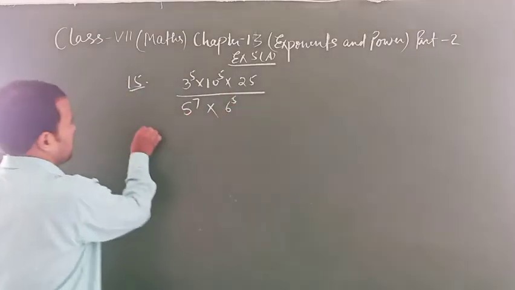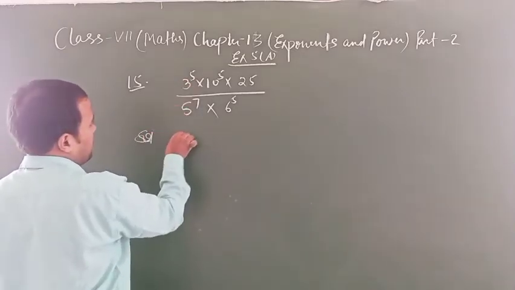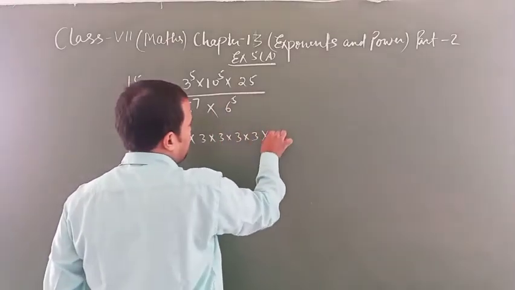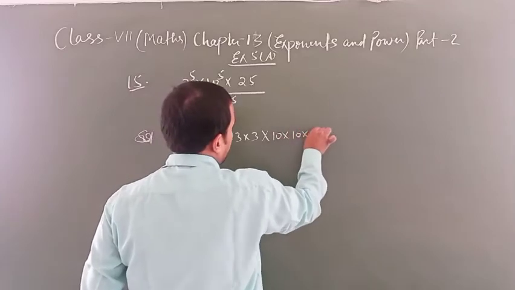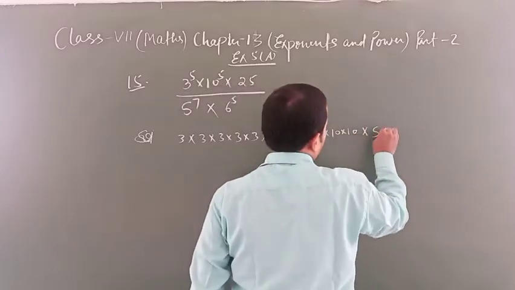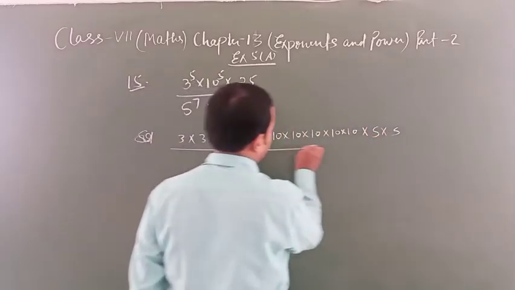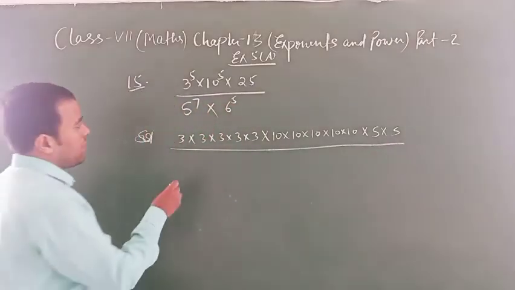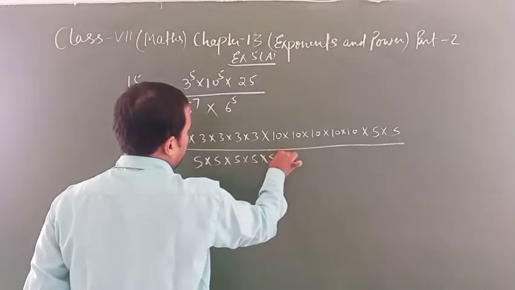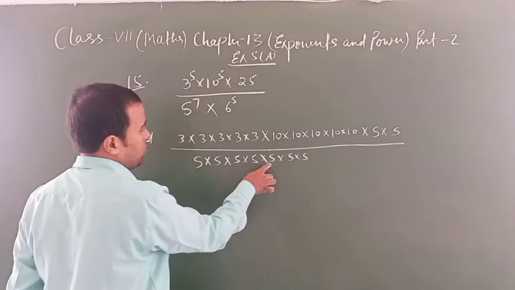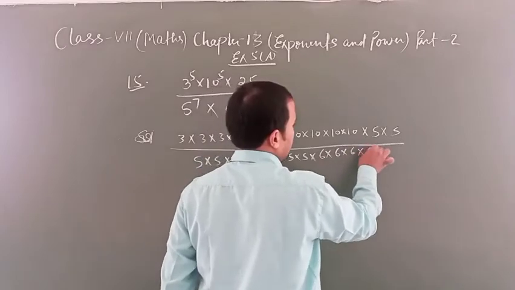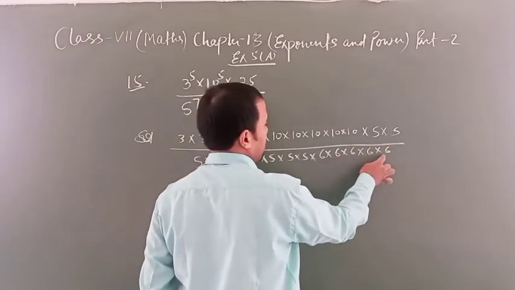Simplify. 3 power 5 means 3 into 3 into 3 into 3 into 3. 10 power 5 means 10 multiplied 10 multiplied 10 multiplied 10 multiplied 10. 25 we can write 5 into 5. 5 power 7 is 5 into 5 into 5 into 5 into 5 into 5 into 5, 1, 2, 3, 4, 5, 6, 7. 6 power 5 is 6 into 6 into 6 into 6 into 6, 1, 2, 3, 4, 5.